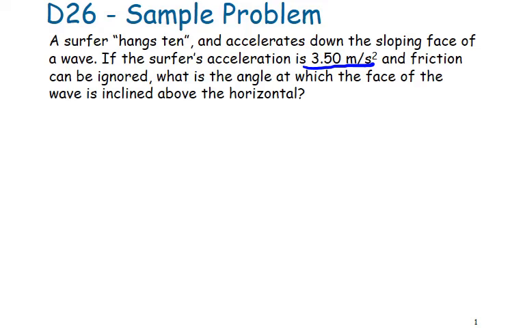So leave everything in variable form and set up the free body diagram, and once you do that, see if you can determine the angle, and if you need help, you can use the tutorial here to help the process. But go ahead and pause the clip and get as far as you can, and then hit play when you're ready.